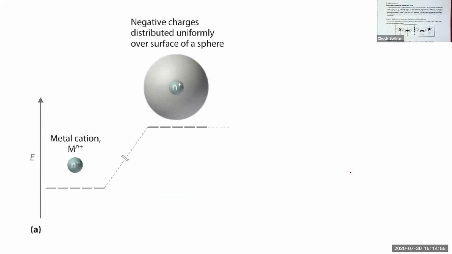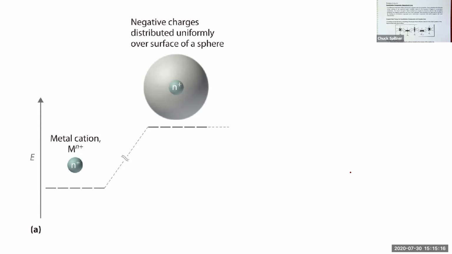The positive ion has a lot of electrons; it might not have any d electrons, because maybe that ion has a high charge and the d electrons are all gone, but it does have a lot of electrons. So when these ligands approach, which are full of electrons, remember the ligands have a lone pair of electrons, they create an electrostatic field around it.